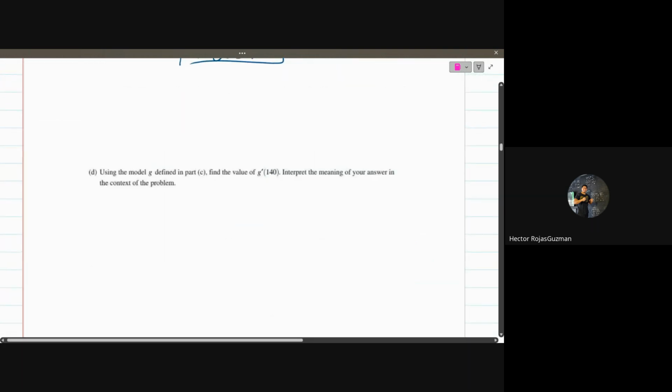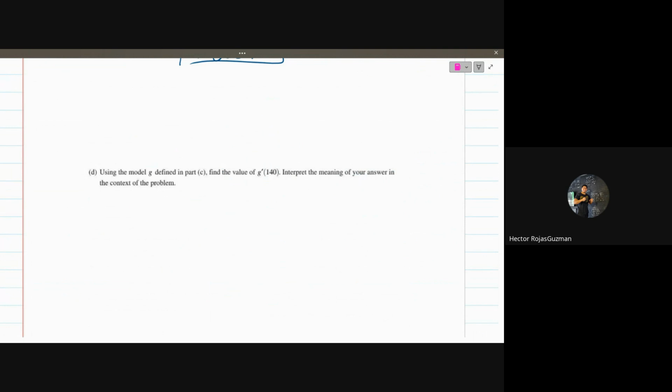Okay, D. Using the model g defined in part C, find the value of g prime of 140. Interpret the meaning of your answer in the context of the problem. Okay, well, we know what g of t is. So g of t is t over 500 times cosine of (t divided by 120) squared.